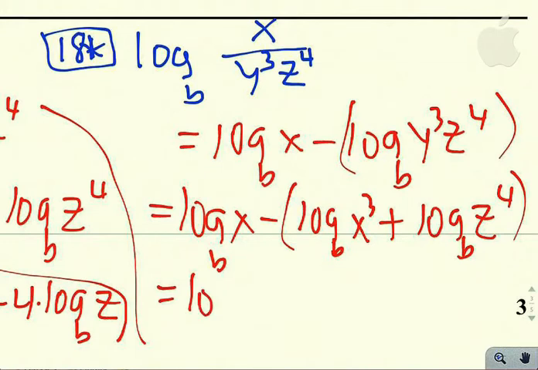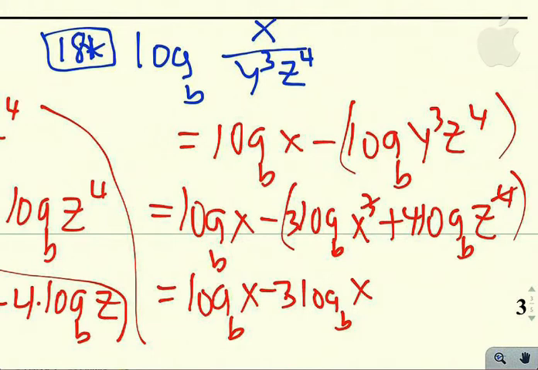And let's go ahead and put this 3 here and this 4 there, and then distribute the negatives. So minus 3 log to the base b of y minus 4 times log to the base b of z.